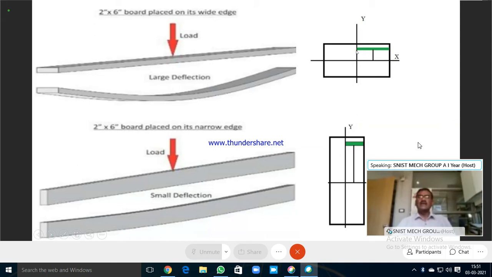This one is connected with this cross-section area, and you can see the large deflection. You can see the same load applied like this, that means you are keeping your board placed on its narrow edge, and here you are keeping a wide edge. That is the difference.